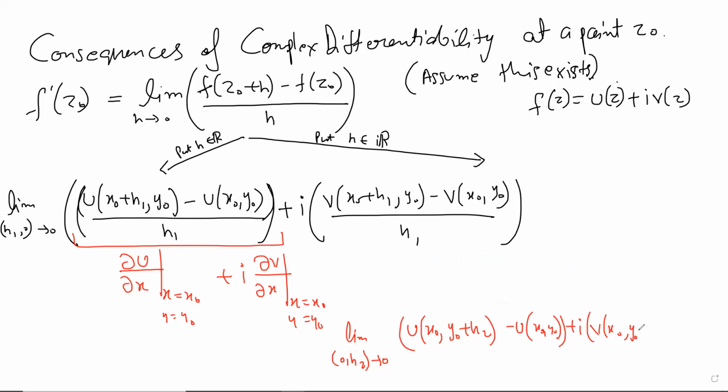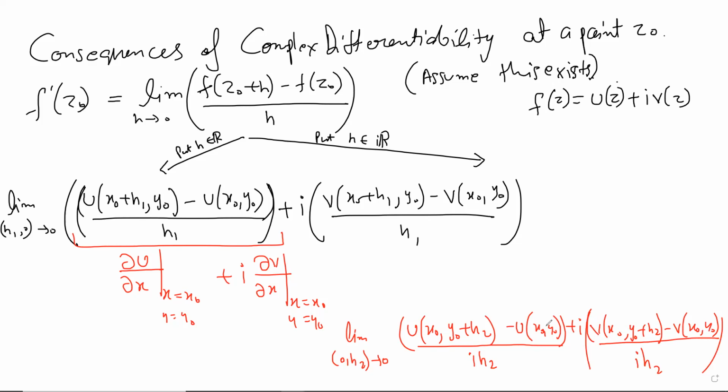And then we have y naught plus h2, minus y naught, and then we have h2. So again, this time not h2, but we will have ih2. This is the difference maker, you see. The I will be there because of the very definition, okay? And here also the I will be there.